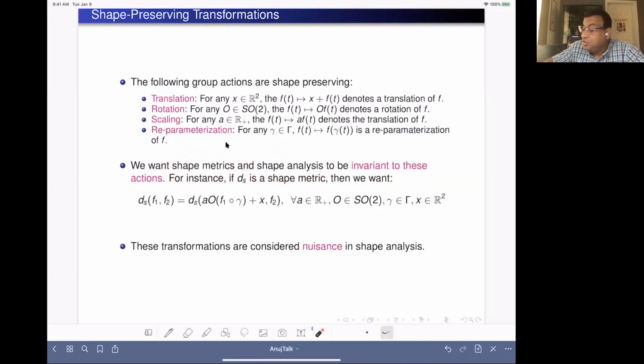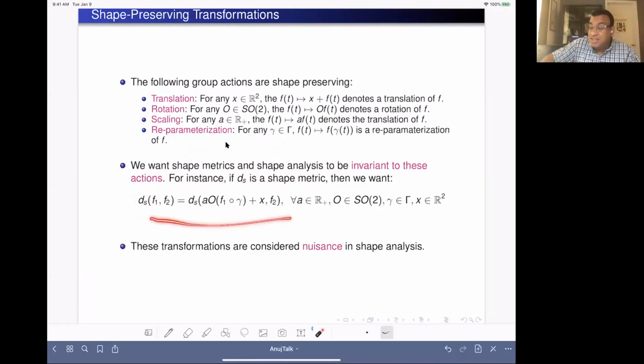But we want to do it under a shape metric, let's call it D of S, which is unchanged if we rotate an object, scale an object, translate an object, or reparameterize an object.